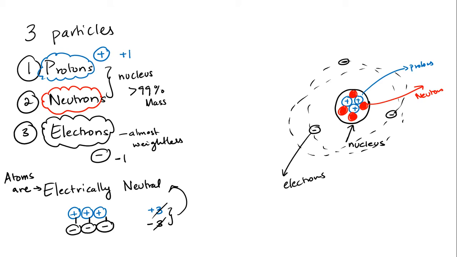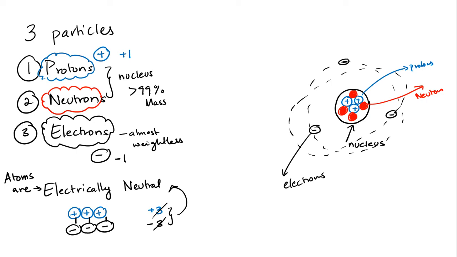Okay, so to recap, there are three subatomic particles. Two of them, protons and neutrons, are in the nucleus and they have larger than 99% of the mass of the atom. The third subatomic particle, electrons, are on the outside and they are almost weightless. Two of the particles, protons and electrons, have electrical charges.